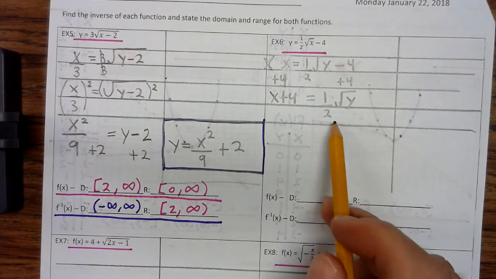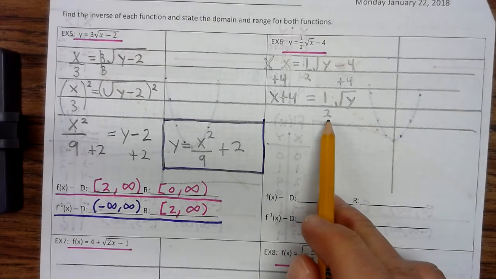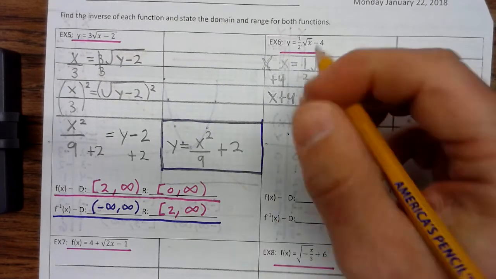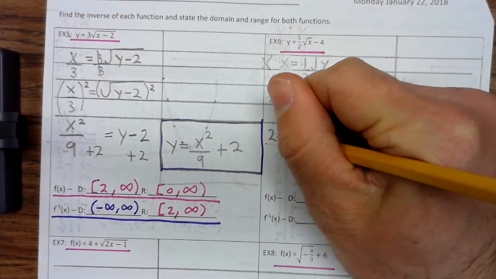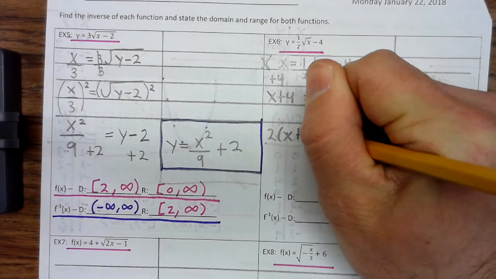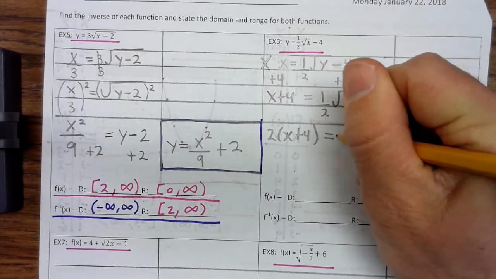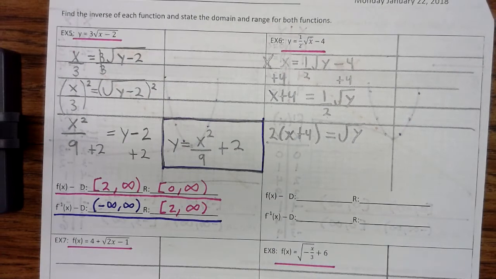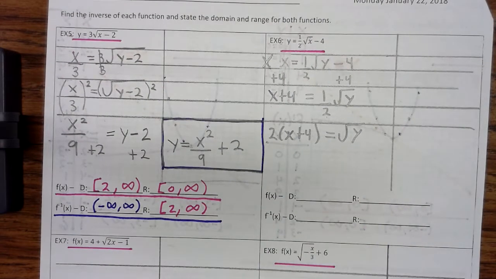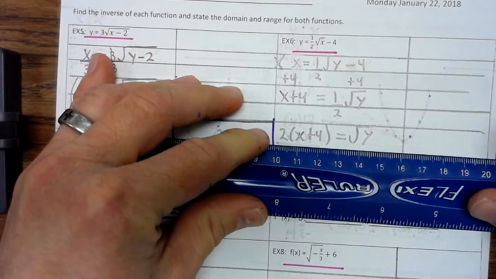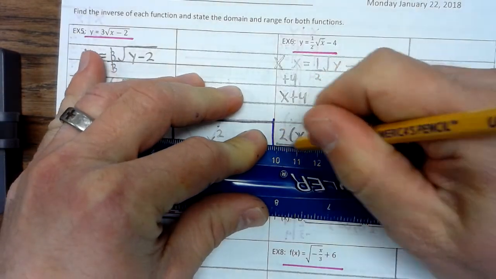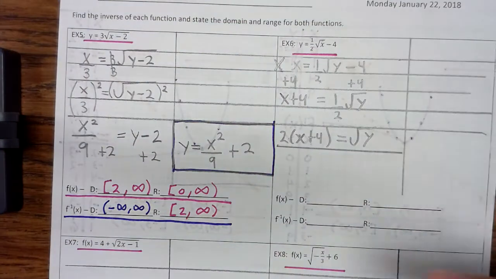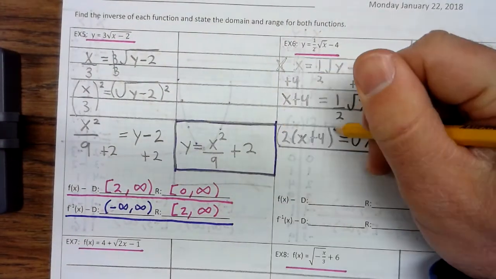So now we need to multiply both sides by 2. Now here's the thing, you don't actually want to multiply 2 by x and 4, you just want to say that I'm multiplying 2 times x plus 4 equals the square root of y. And so then our next step is we want to square both sides.